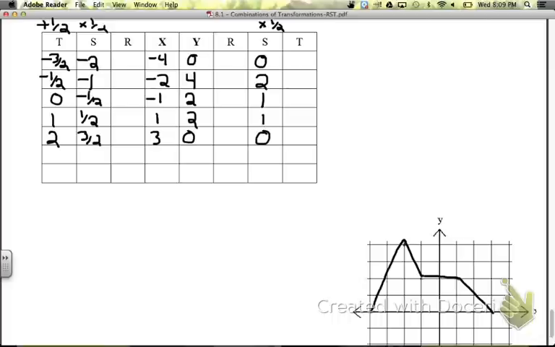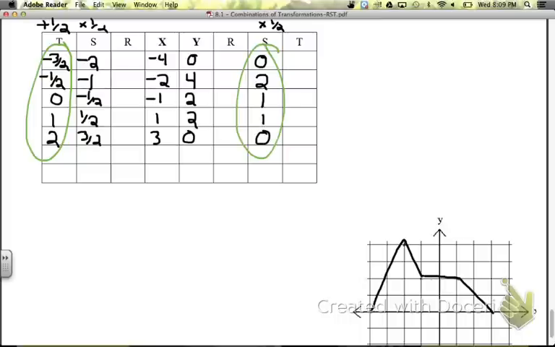So now we're going to go ahead and graph our new x values and our corresponding y values. Our first one is -3/2, which is 1.5 and 0. So it's going to be right on our x-axis there. Next point is -1/2, 2. So we have that point right there.